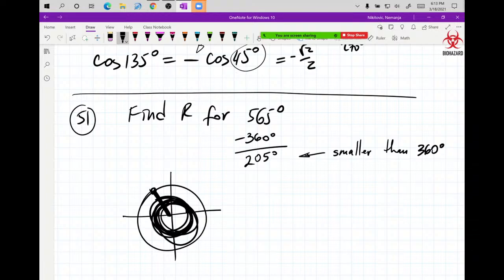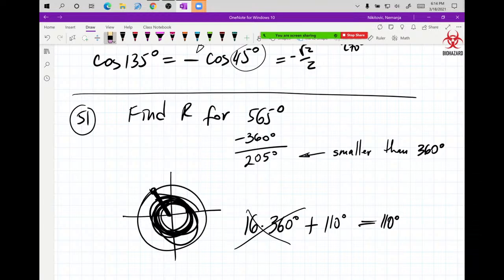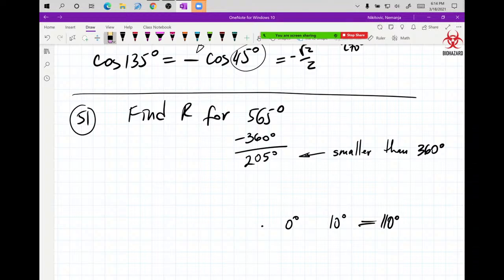That's going to be 16 times 360 degrees, and then plus whatever the angle was later, like 110, let's say. That's going to be a huge number, but it's the same as if I just did this without any of that. I'm still at the same location. So we will be subtracting the full circles until we get a number that is less than 360.